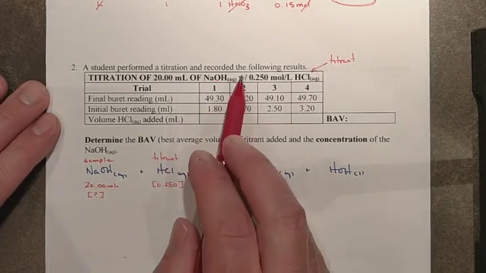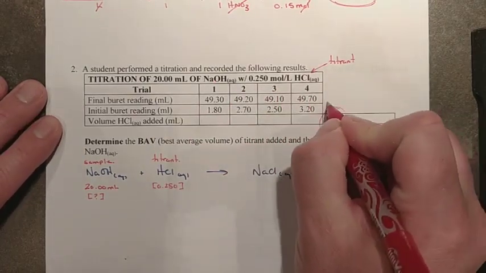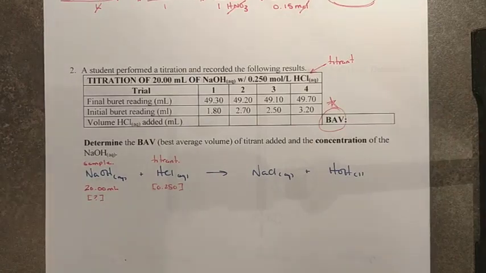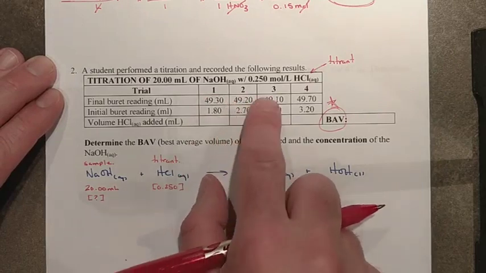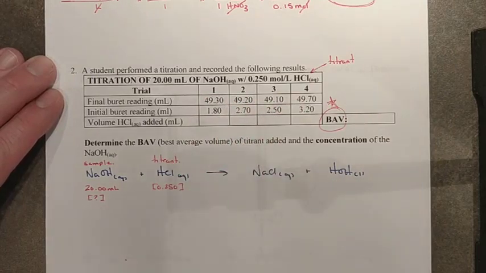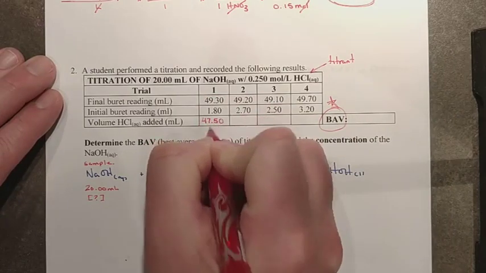And you can see that we have added HCl 4 times. What we're looking for here is a best average volume. The way to minimize error in a titration is to do multiple trials until you get 3 consistent results. So what we would do is take the difference between initial and final in all of these trials and figure out how much was ultimately added.